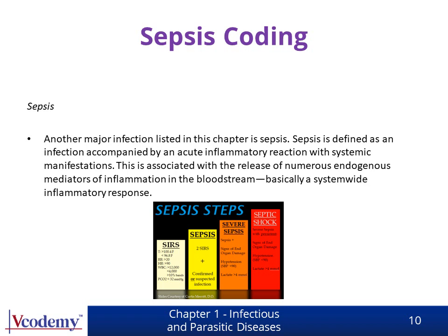So it is important that any acute organ dysfunction be linked to the sepsis. So due to the sepsis, this organ dysfunction has occurred. That should be specifically documented in the medical chart. If the organ dysfunction is not due to sepsis, you cannot take the combination code.